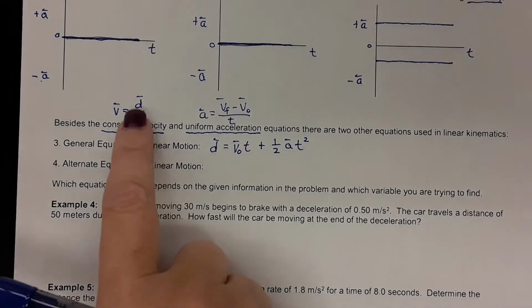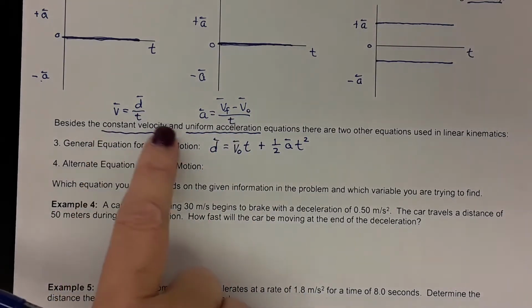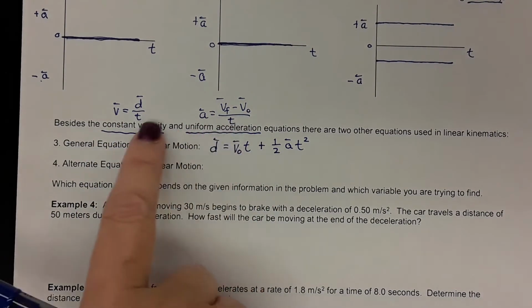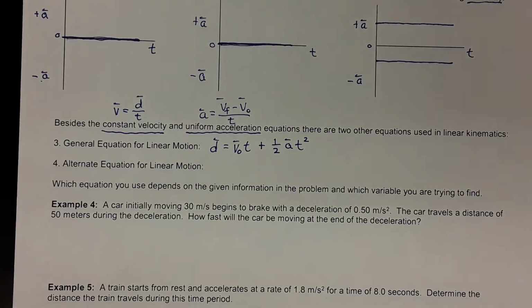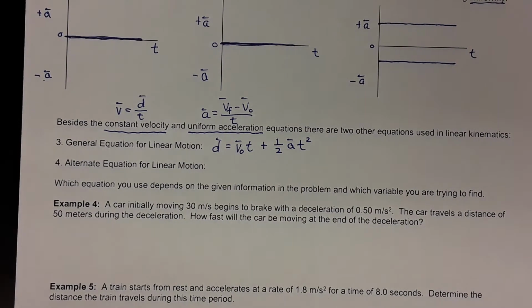It's the only variable of all four variables, v, d, a, t, that's in all three. So we've got a problem. There are sometimes cases where you don't have the time and there's no way to determine the time. What do you do then?